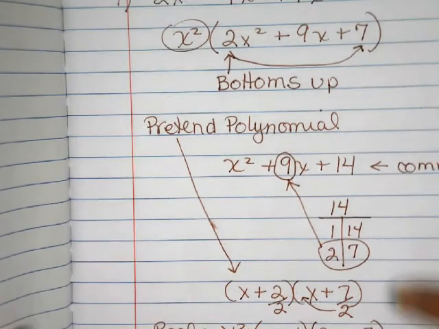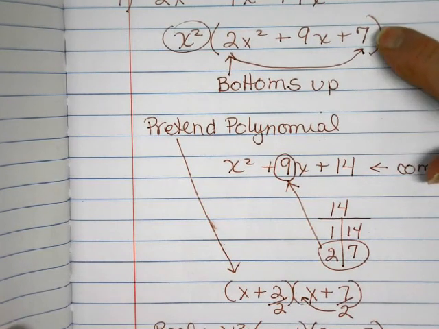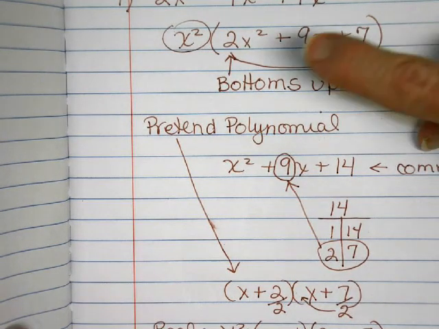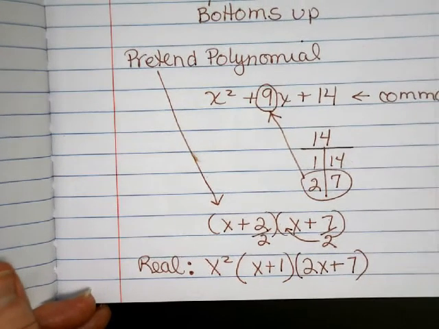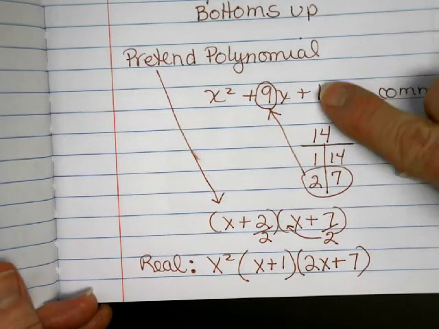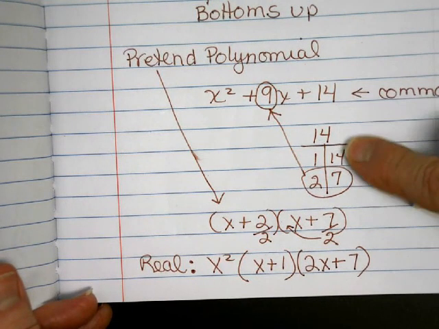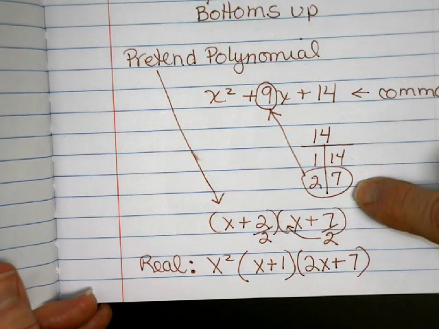If you didn't do this, you would not have come to this conclusion right away. You would have had to play with the factors of 2 and 7's combination that added up to 9.